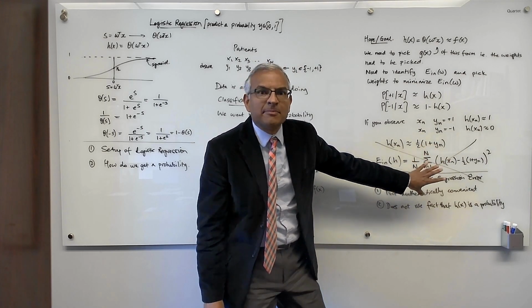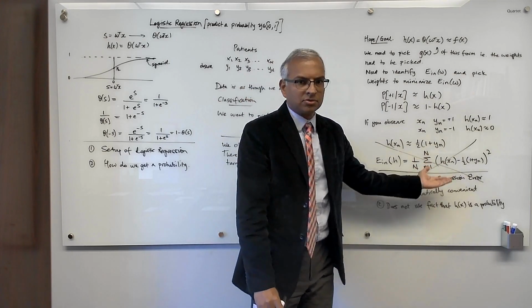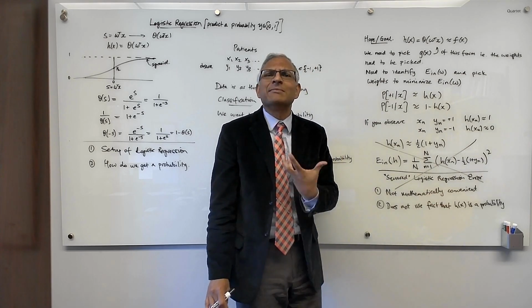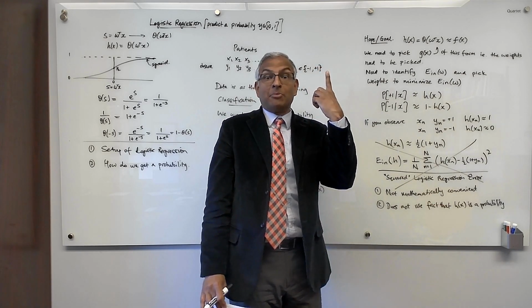And I'll tell you, what's the better error function? You might say, well, we derived this, it made sense, but now you're telling us it's bad. So then what's the better error function?